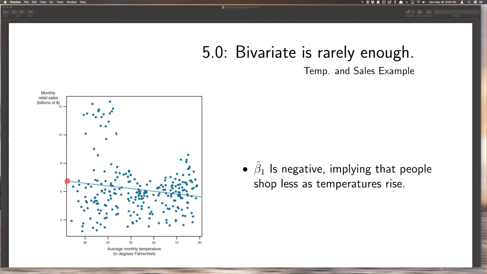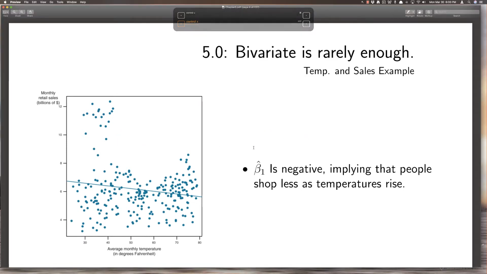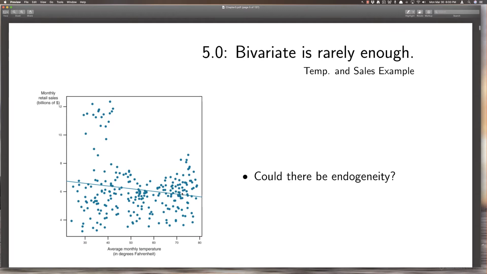Maybe they're outliers of sorts, but we'll see what's going on there in just a second. Beta 1 hat is negative, implying that increasing temperature decreases sales. I don't know the exact slope off the top of my head, but that's what it would imply. So people shop less as temperature rises. A 1 unit increase in temperature leads to a decrease in sales.